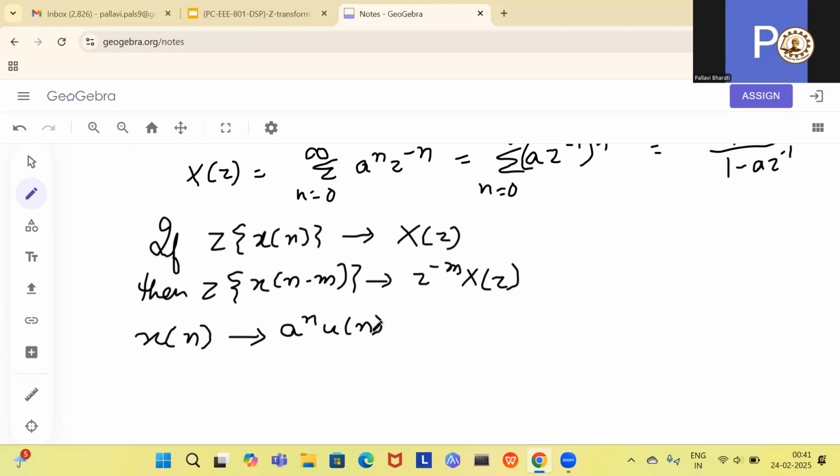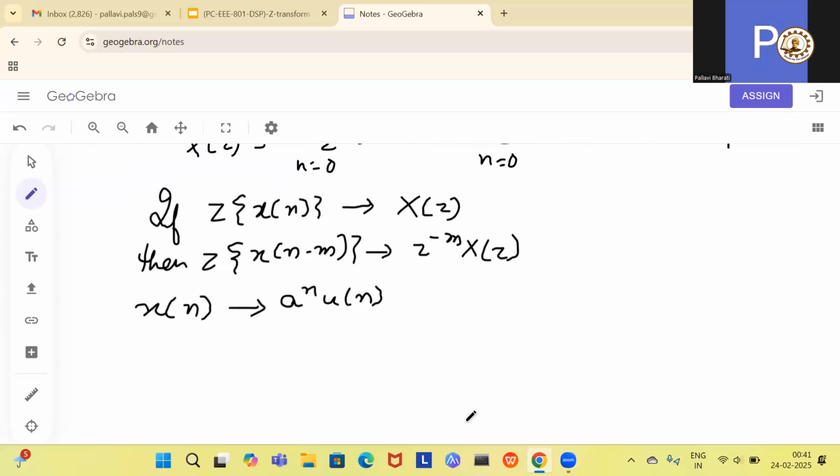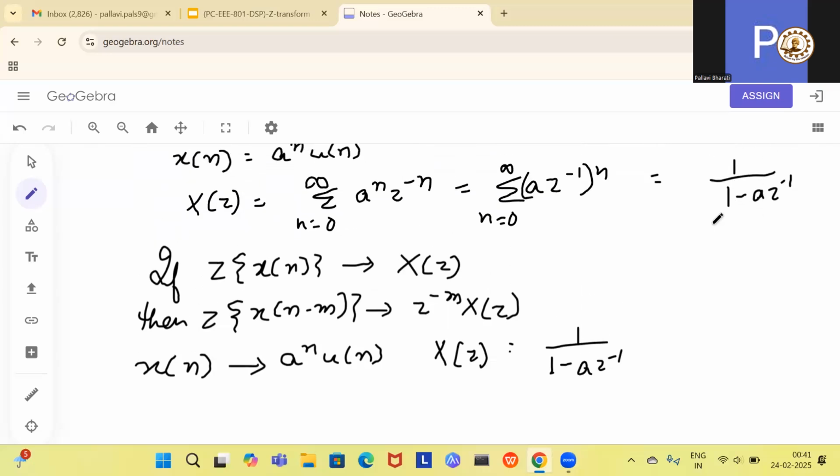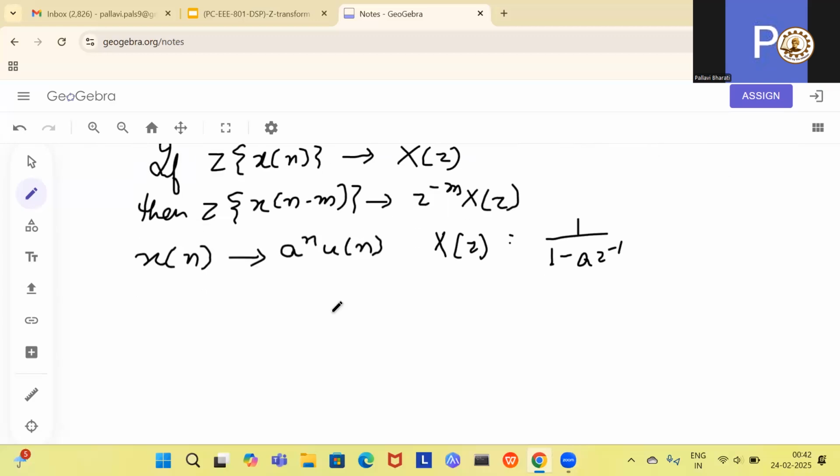What is X(z) for us? X(z) for us is 1 by 1 minus a z inverse. Let us once check. Here it is 1 by 1 minus a z inverse. Now, what is m? m for us is equal to 1. That means x(n minus 1). Now, this is becoming a to the power n minus 1, u(n minus 1).